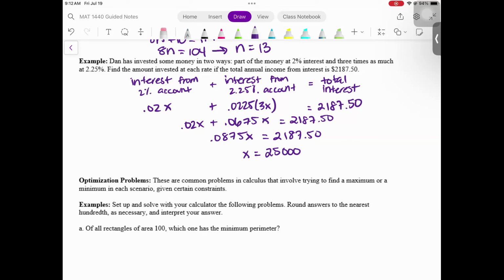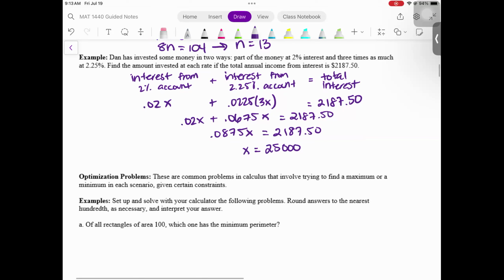Again, going back to that problem, making sure that we can interpret this correctly. We want to know how much was invested at each of those interest rates. So X is the amount that he invested into that 2% account. So Dan invested $25,000 in the 2% account.